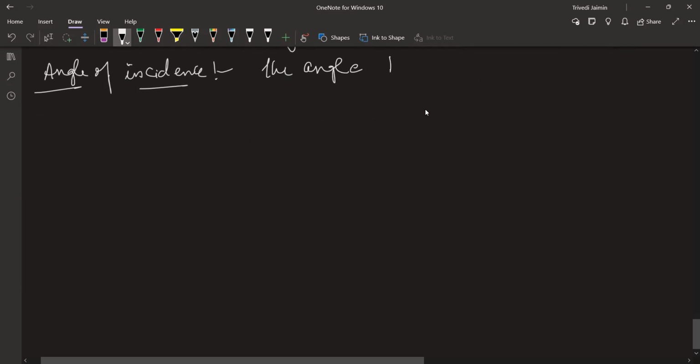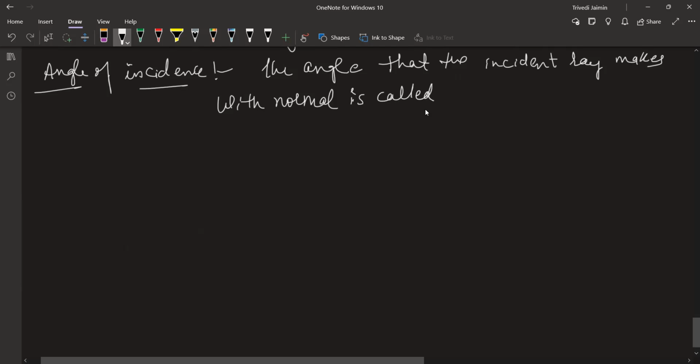The angle that the incident ray makes with the normal is called the angle of incidence.